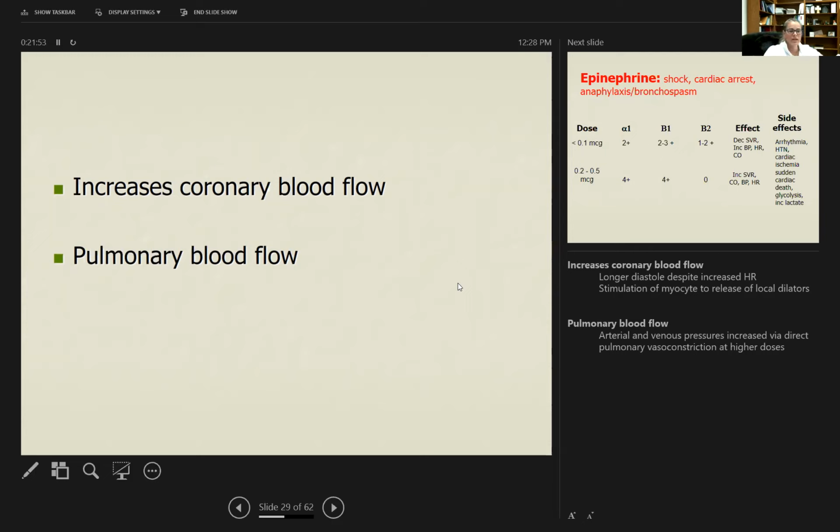We'll also see an increase in pulmonary blood flow due to improvement in both pulmonary venous pressures as well as pulmonary arterial pressures. For reasons that aren't 100% clear to me, the right side of the heart, when it's failing or is struggling, really likes epinephrine. So in the setting of right-sided heart failure, epi is very helpful.